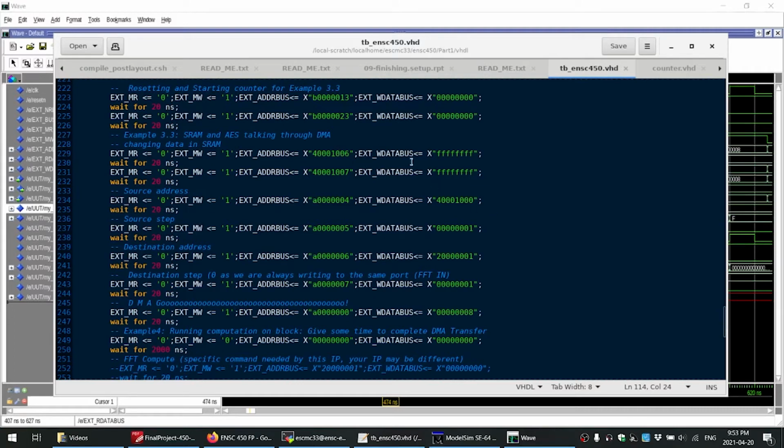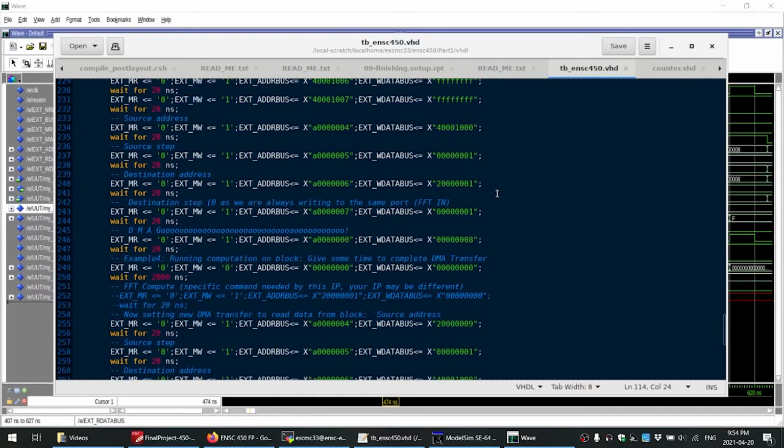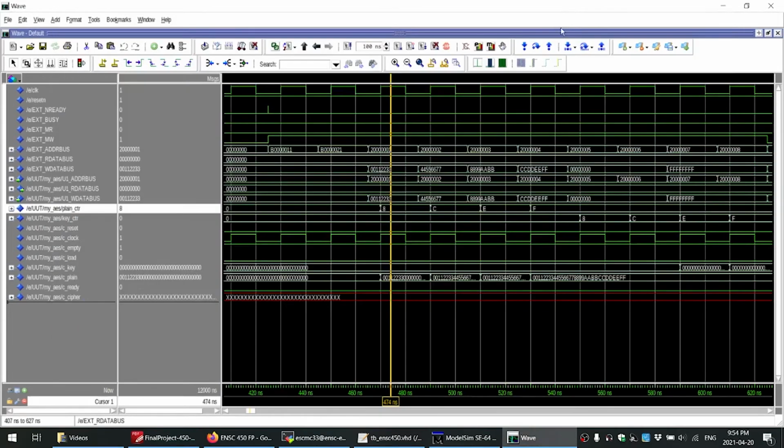And just so that there's some variation in the data, before we start this test, we're modifying with these 2 commands what data will be written to the AES core. We're modifying the SRAM data. Now let's look at the waveforms.